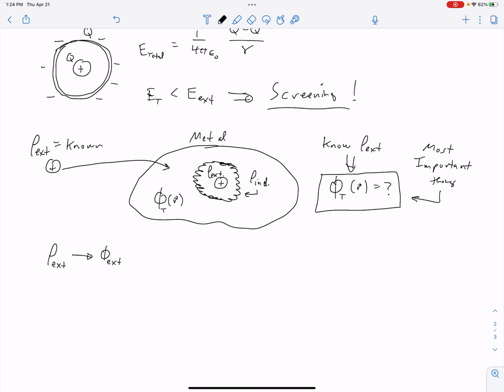We know the phi external, this is known, because we can always say that del squared phi external is equal to, and now I'm using CGS units, negative 4 pi rho external. So that's Poisson's equation. So if we know the rho external, then we know the phi external. So this is known.